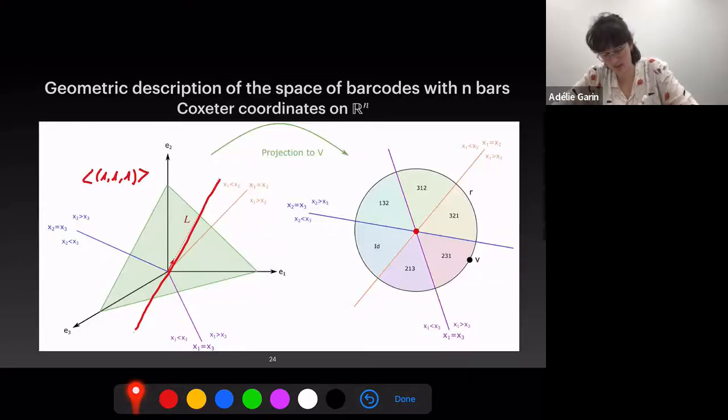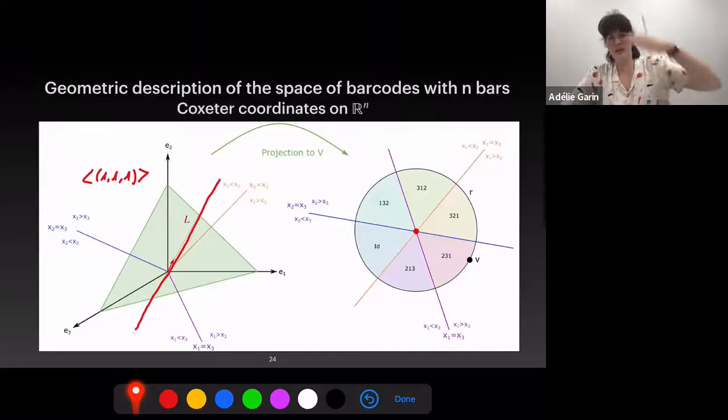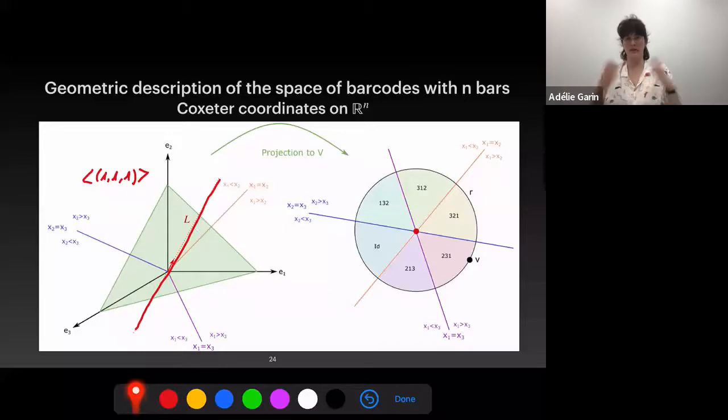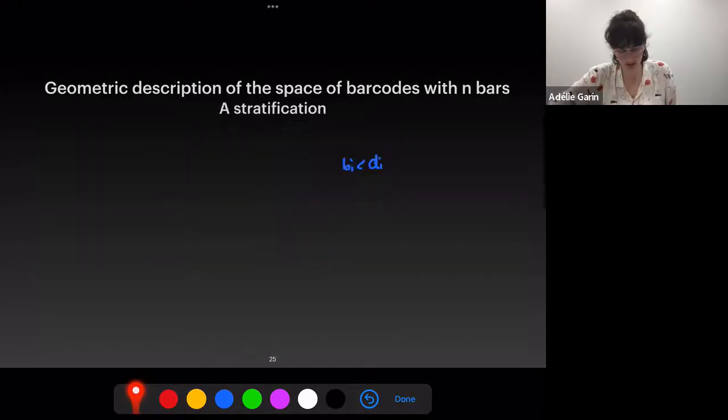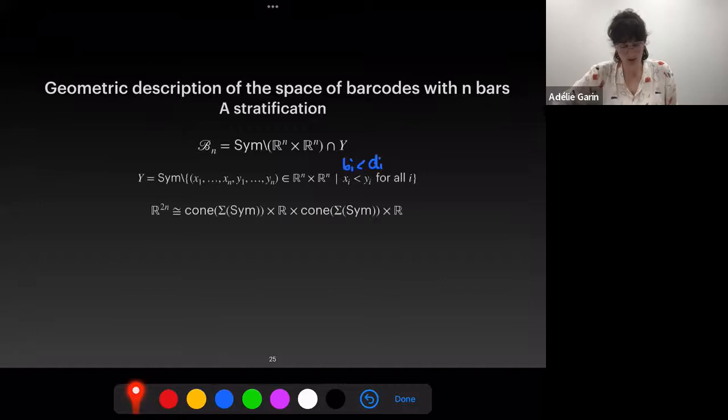I didn't say here that we obtain a cone on a sphere times R, but basically you have a sphere, you cone it by taking this radius parameter, and then you do times R for this line L. So you have a correspondence between Rn and a cone on the sphere times R. For R2n, this is the Coxeter complex, a triangulation of the sphere. You have a cone of this times R, and then you have 2 copies of this.